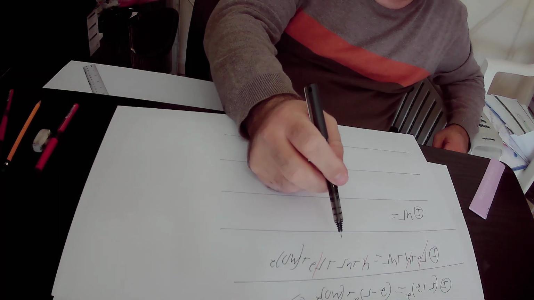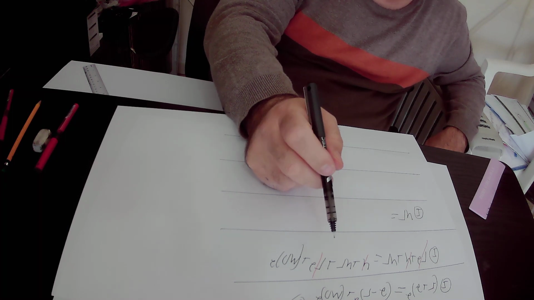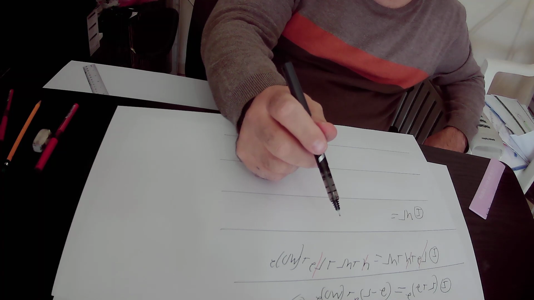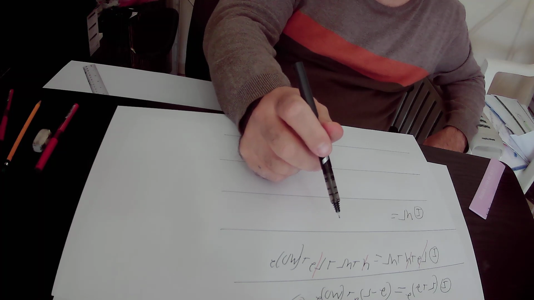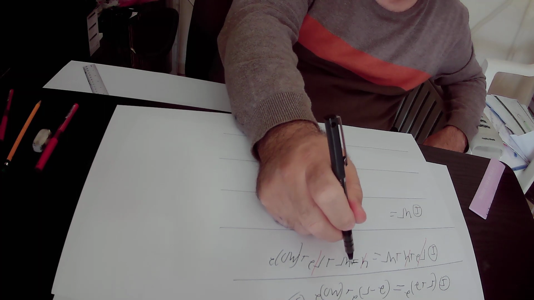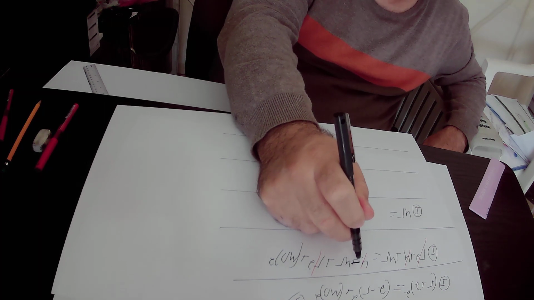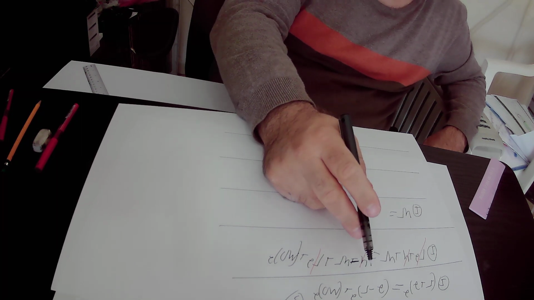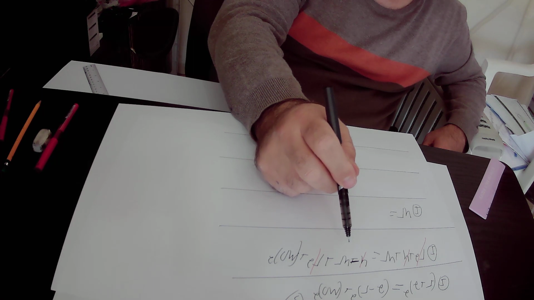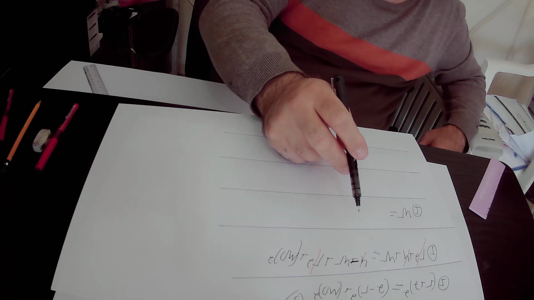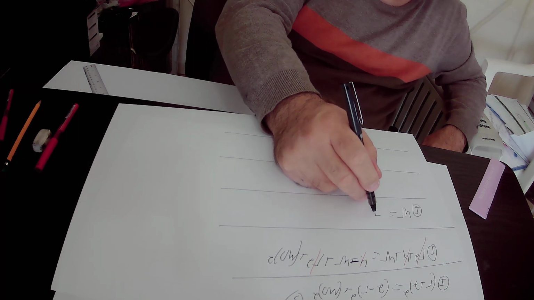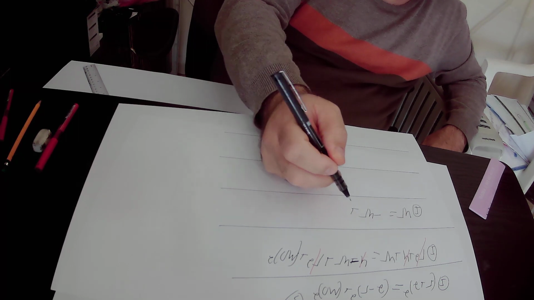On the other side, what is left is, I made a mistake here, it is minus 4R. (2 minus R) squared is 4 plus R squared minus 4R. So what is left on the other side of equation number 1 is minus 4R plus MD squared.